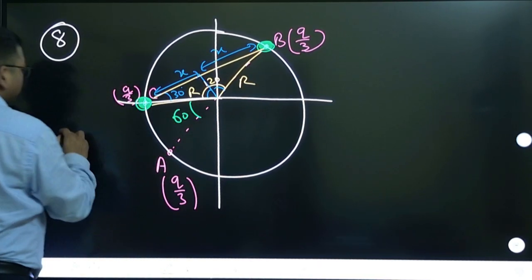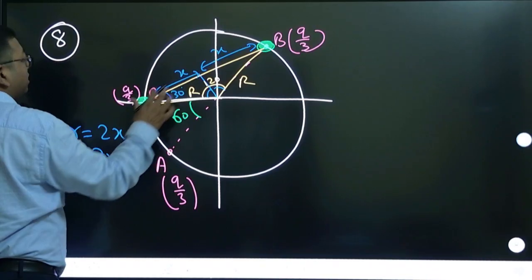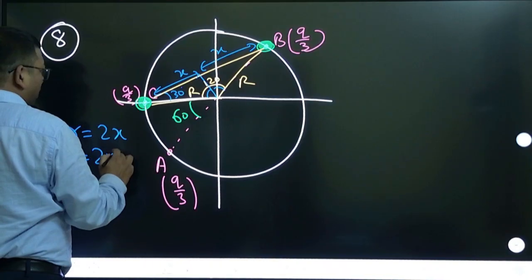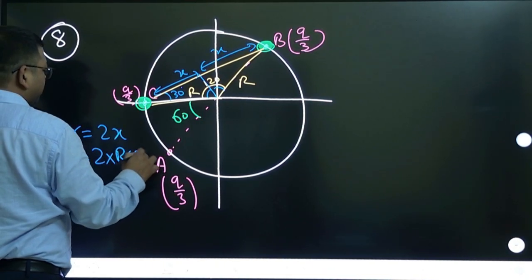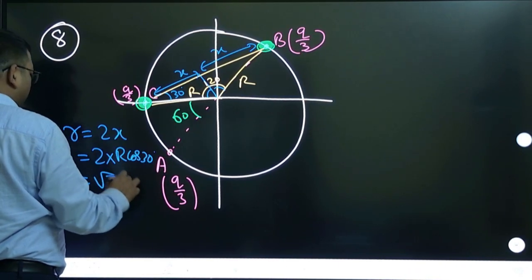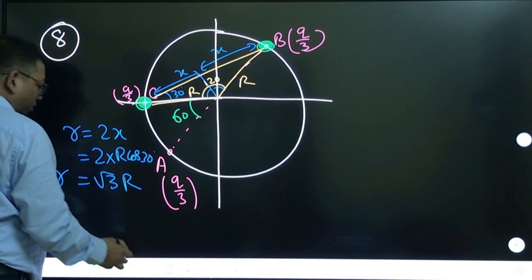So the total distance which you want to calculate is 2x. So how much is x? x will be r cos 30. Cos 30 is what? Root 3 by 2, the 2 gets cancelled, root 3 r. This is the distance r which you want to use in the force formula.